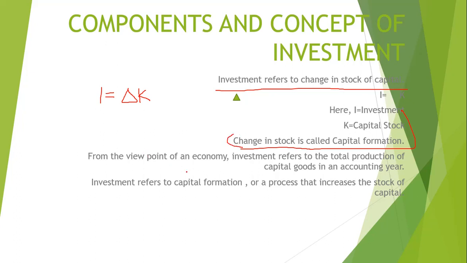From the viewpoint of an economy, investment refers to the total production of capital goods in an accounting year. So the total amount of capital goods produced in an economy in a year is the total investment. Capital goods are goods which are used for production of other goods.